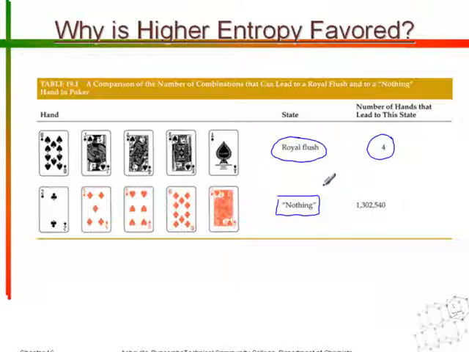And so in terms of a favored microstate, if you will, I don't want to introduce too many terms here, but this term microstate is what the individual cards or the individual molecules actually look like, what their particular individual properties are. Well, there are 1.3 million chances of getting a random nothing state versus 4 for a royal flush.